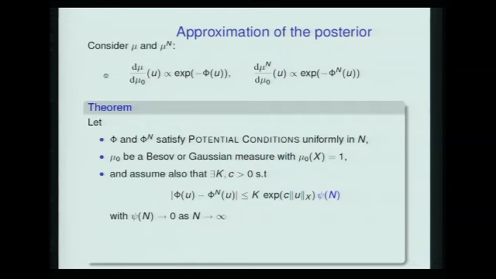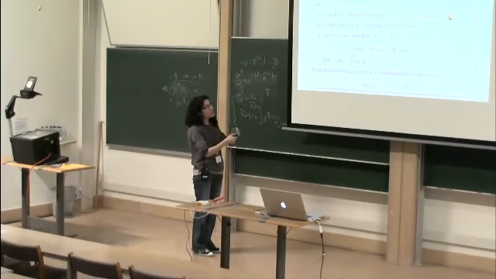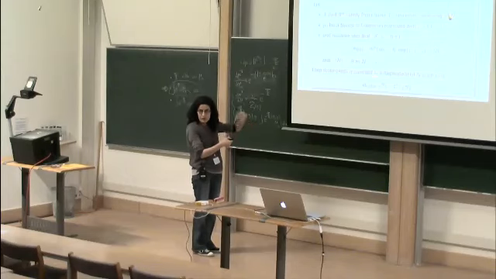Then, if you know that phi n is approximating phi nice enough in this sense, again note that I have the Fernic-like result appearing here, then you have that the approximated measure is also converging to mu with the same speed psi of n. So basically, the approximation properties of the forward problem translate to the approximation properties of the solution of the inverse problem.